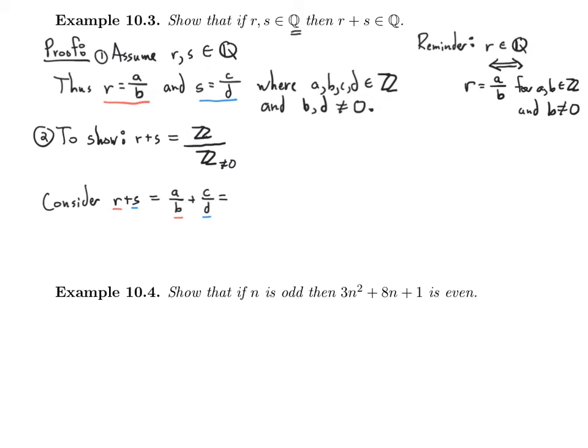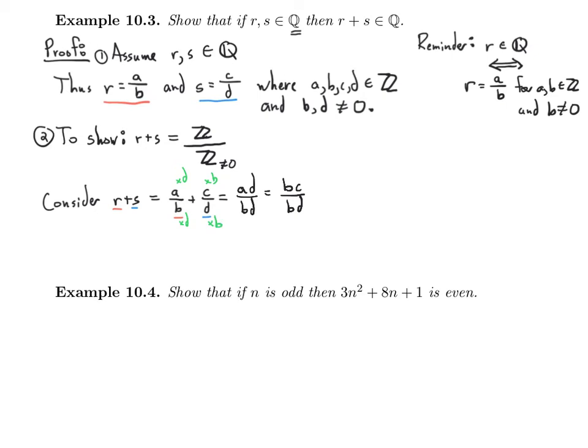So this is the same thing as a times d over b times d, plus b times c over b times d. So just to be clear here, I multiply top and bottom of the first fraction by d and top and bottom of the second fraction by b, just equivalent fractions.